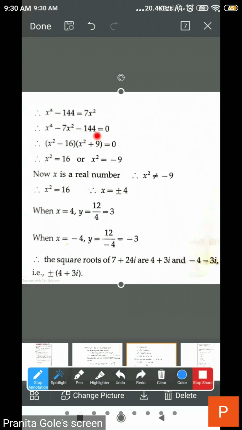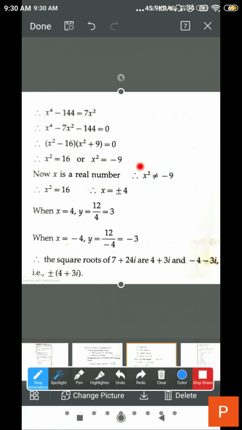Make the factors of minus 144 such that the addition is minus 7 and the multiplication is minus 144, that is minus 16 plus 9. That is x square is equal to 16 or x square is equal to minus 9.